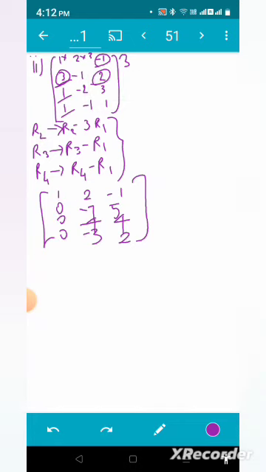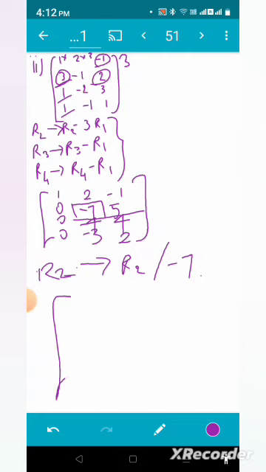Then in the second row the non-zero number is minus 7. So I create this 1, because we get 0 here. This is a very big number, so I create this 1. So I change R2 gives R2 divided by minus 7.